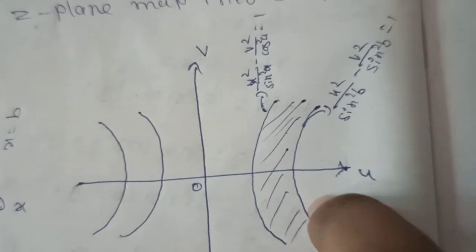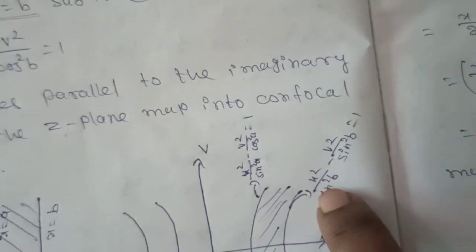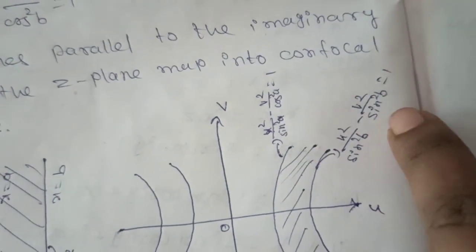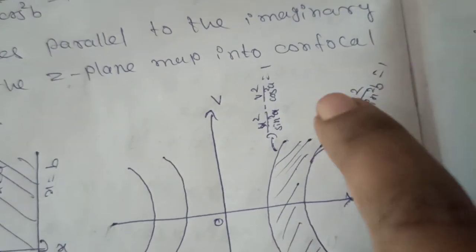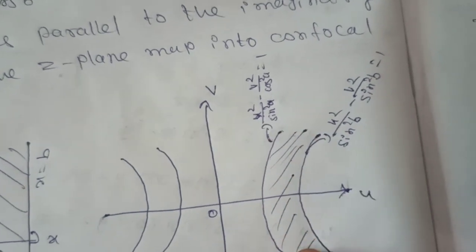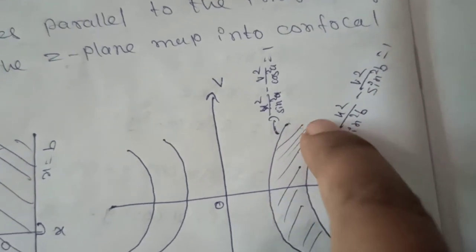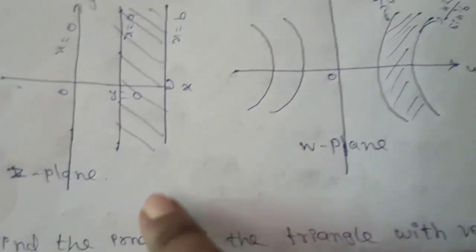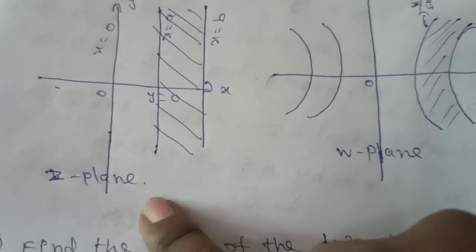And parallel to it, the other hyperbola, the second condition: u square by sin square b minus v square by cos square b equal to 1. These two hyperbolas intersect at a place, and this place I shade. Okay, this is called the w plane and this diagram is the z plane.